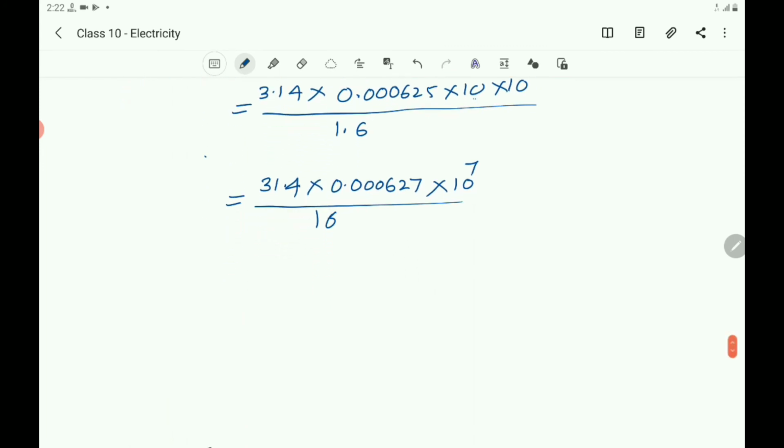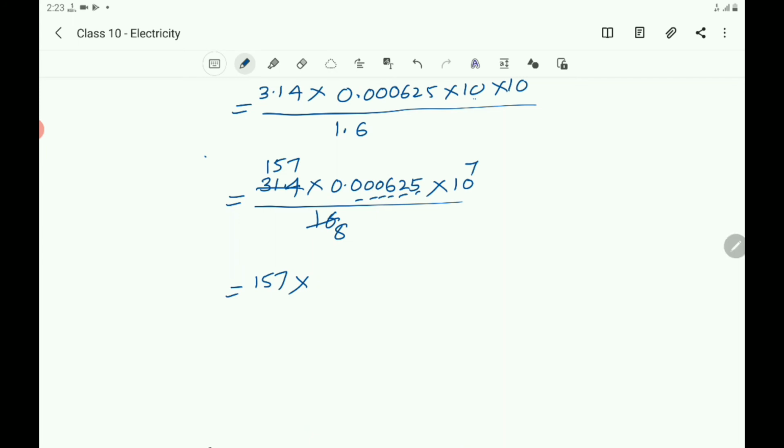Then you take 625, and there are 6 digits after the decimal point.